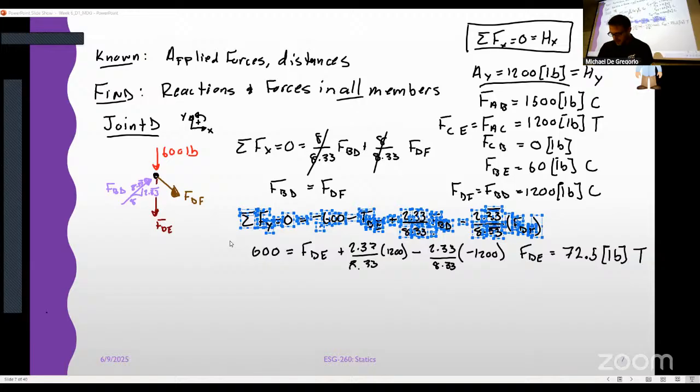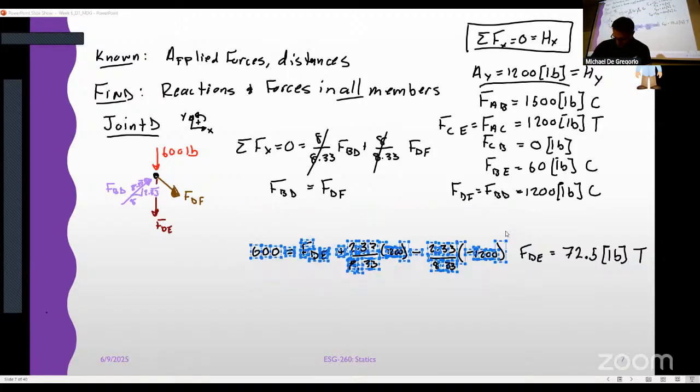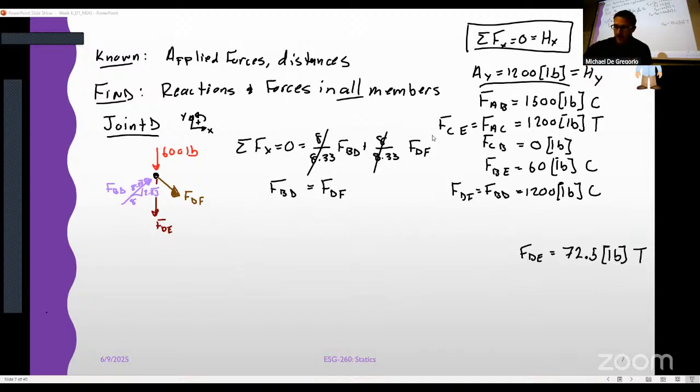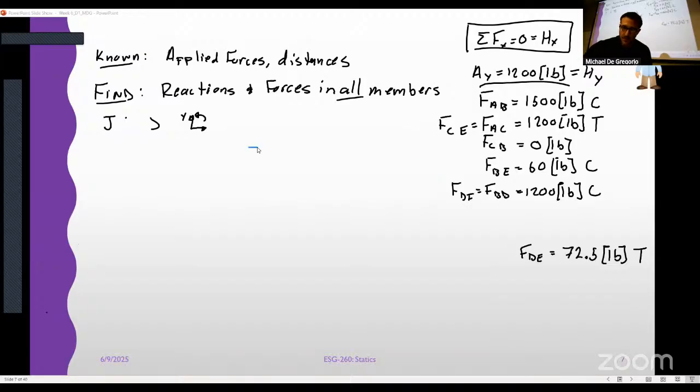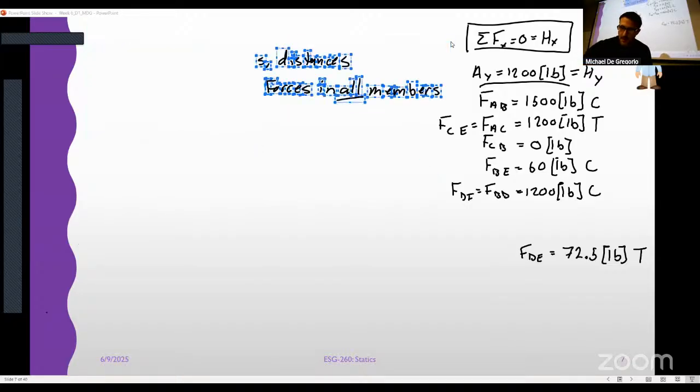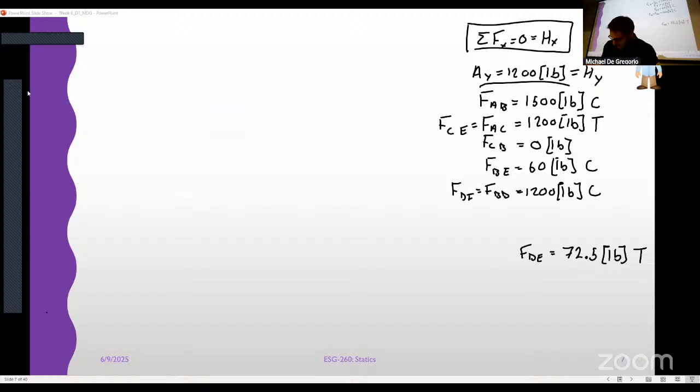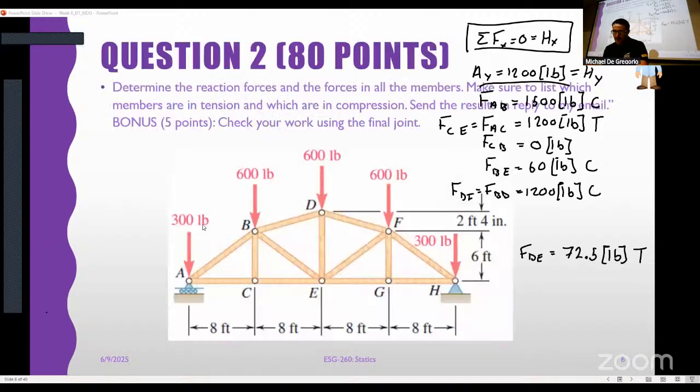Get rid of these guys, get rid of all of this, just so that we can go back and look here. So what do we know? We found this guy and this guy. We know that's 0. We found this, we found this, and we found this, right? We calculated all of these.